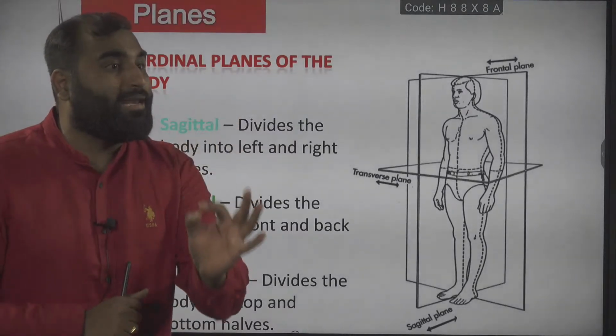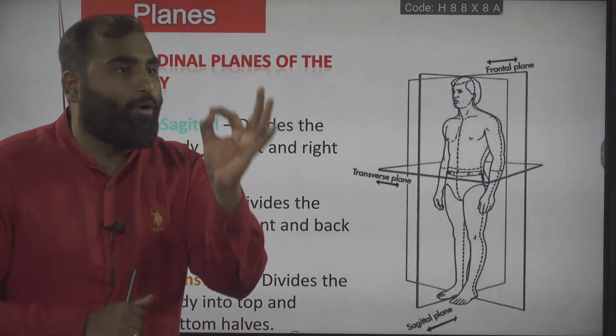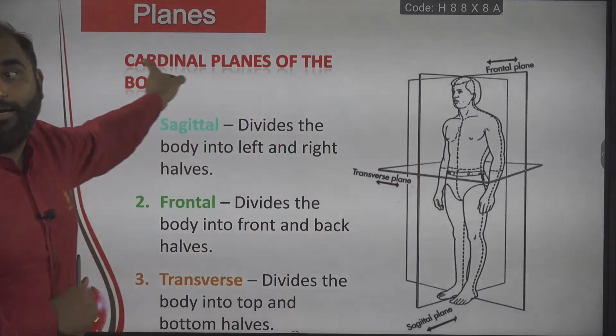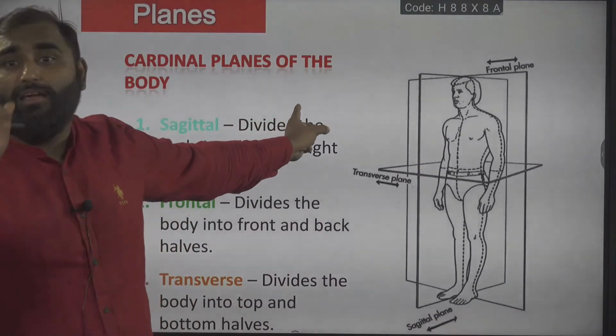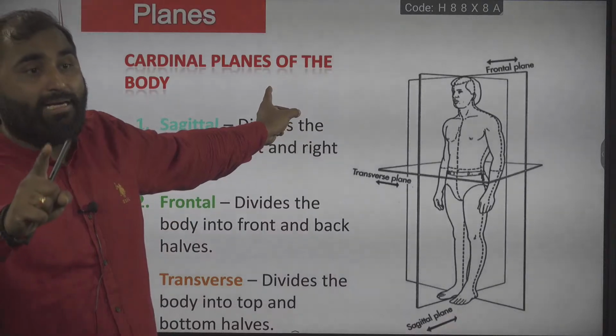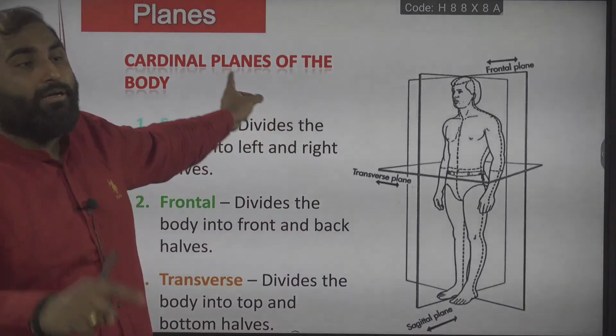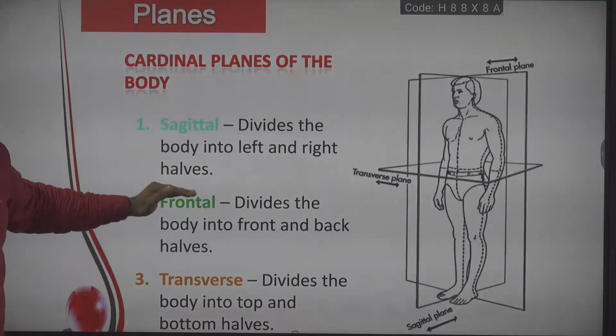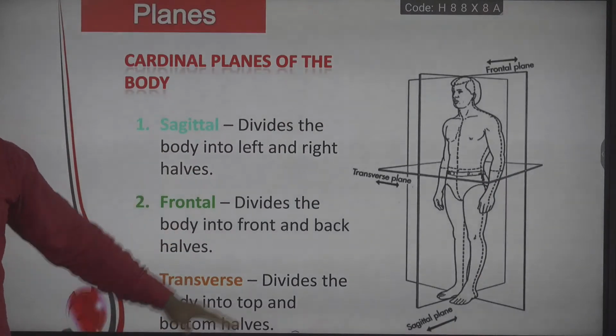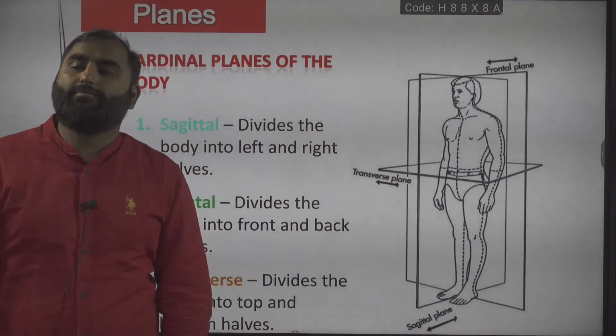Cardinal means main, fundamental, important. Many students will ask what the meaning of cardinal is. The 3 important planes are sagittal, frontal and transverse, as you can see in the picture.